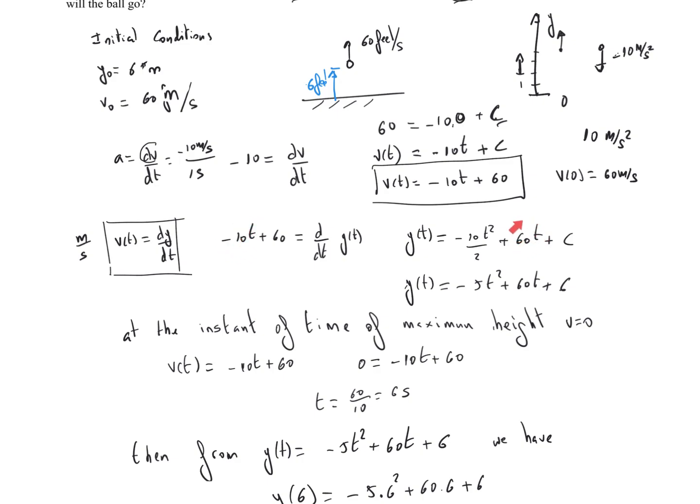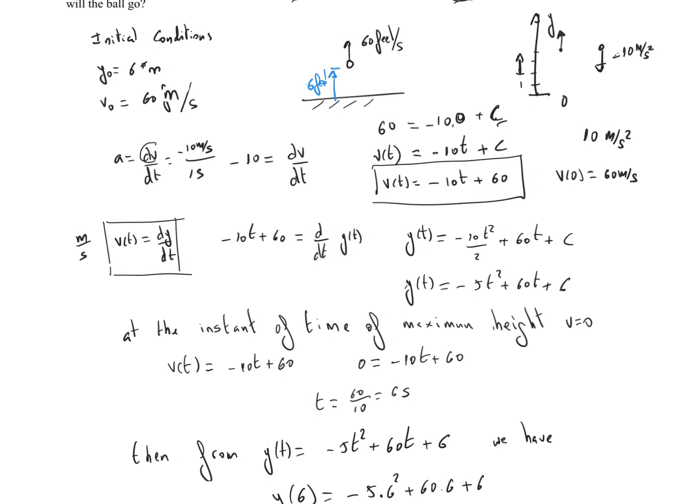If you differentiate 60t, you will obtain 60. Plus the constant c: if you differentiate c, you will obtain 0. Okay, so who is y of t? Y of t is minus 5t squared plus 60t plus the initial condition c.